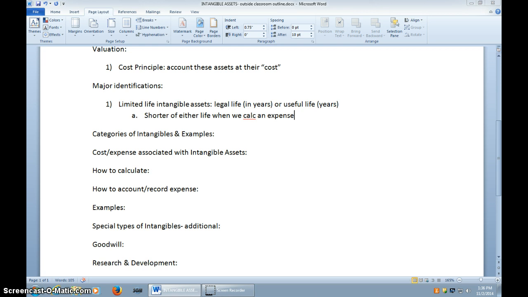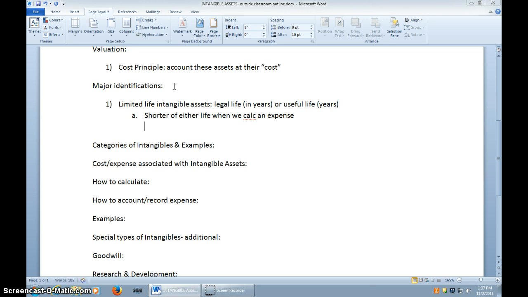So keep in mind, they can have a legal life and they can have a useful life, and we're going to use the shorter of either lives when we calculate an expense. That's coming up.